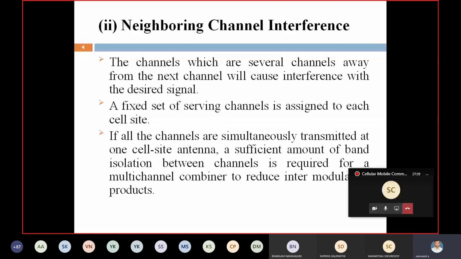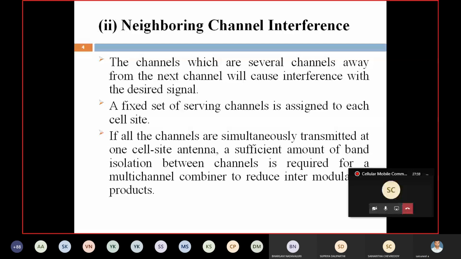Suppose channel number 1 is allocated for a voice channel, and another mobile in the same cell is also trying for channel 1. Then we get channel interference. That is called neighboring channel interference. That is, within the same cell, trying to use the same channel in a fixed set of channels.